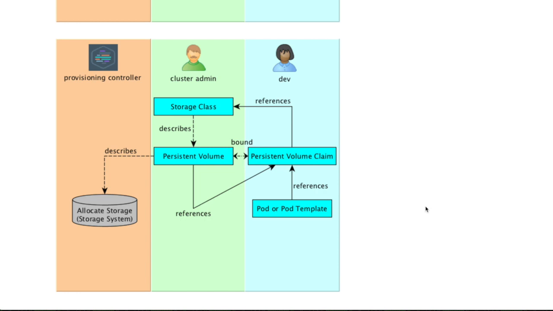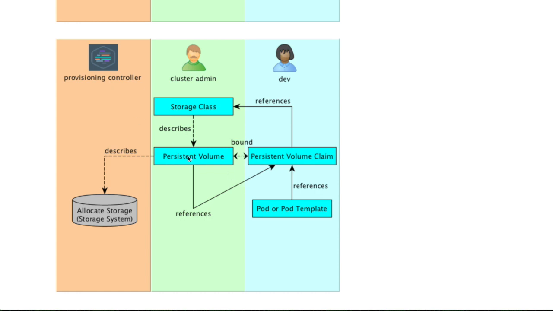Two other things to mention with regard to dynamic volume provisioning. The first thing is that you can set one of your storage classes to be the default storage class. This means that any persistent volume claim that's created that doesn't directly reference a storage class will use that default class. The other thing, although we've been talking about provisioning, and I've called this the provisioning controller, dynamically provisioned volumes also come with an automatic cleanup.